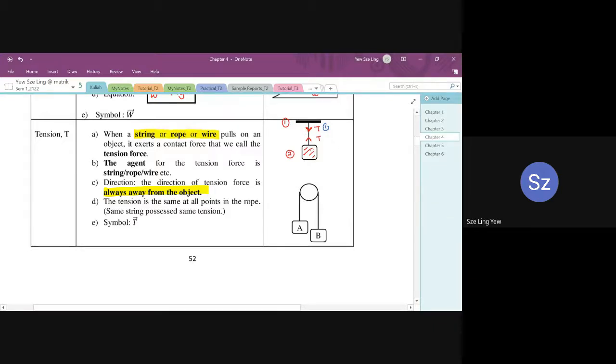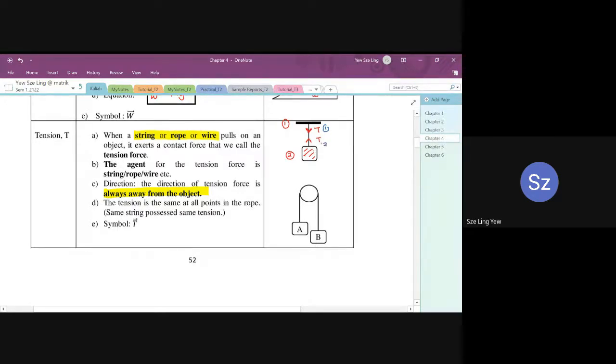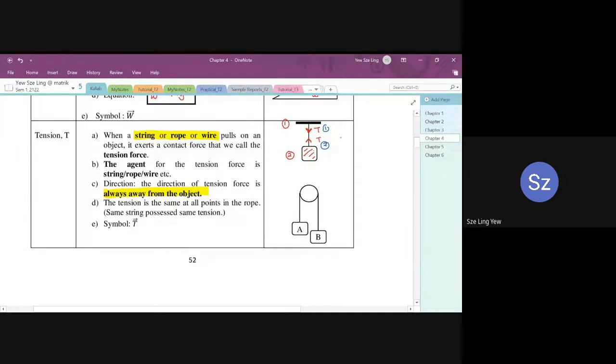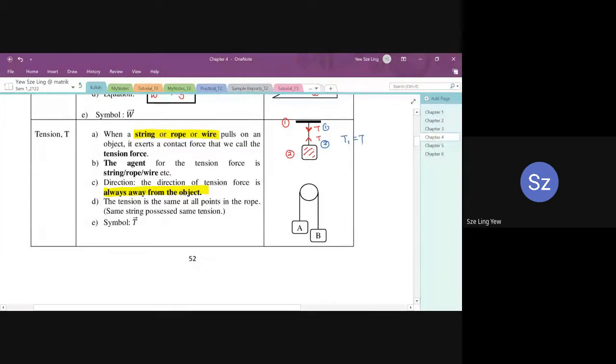At the same time, this wall is pulling the box so that the box won't drop to the floor. Therefore the tension acting on this box is going upwards. And because they are connected by the same string, in this case I can say T1 equals T2.